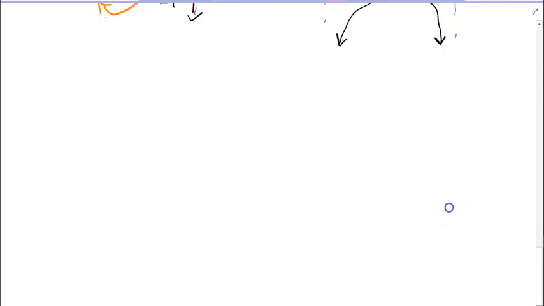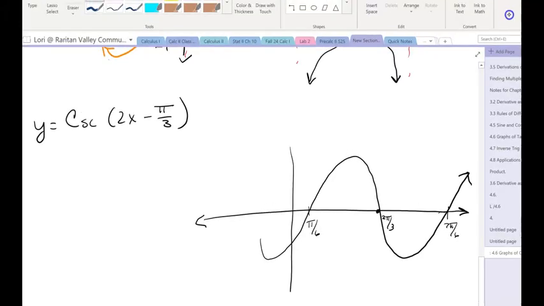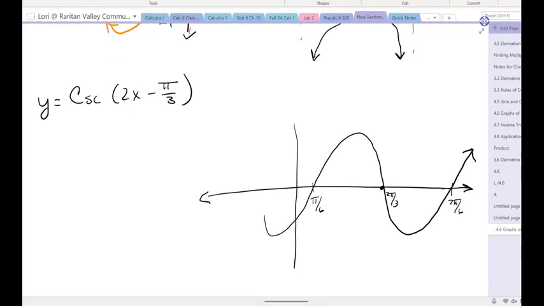So for example, let me grab a graph. So here's what you will see on the test. You will be given a function like a cosecant or a secant function. In this problem, I'm giving you a cosecant function. And take a look at what else you're given.